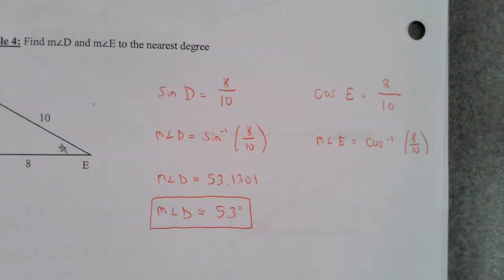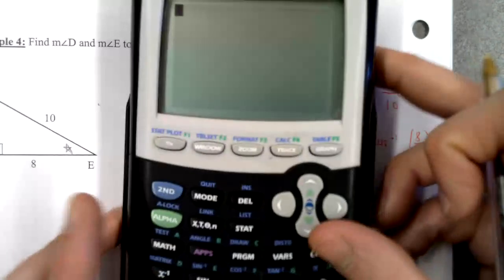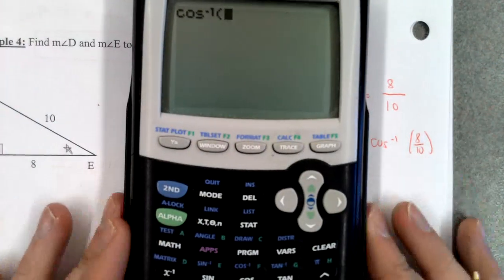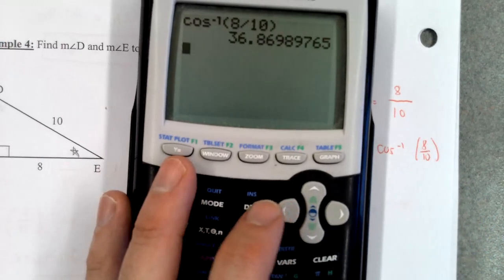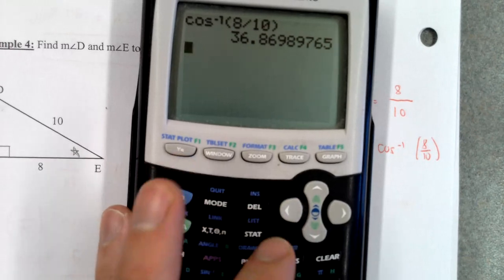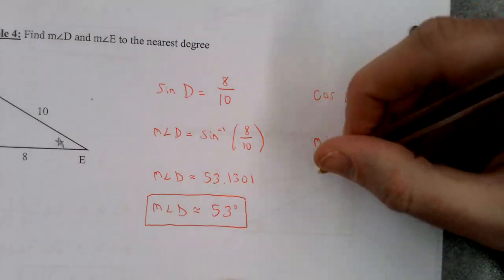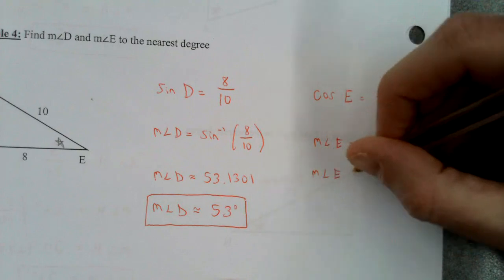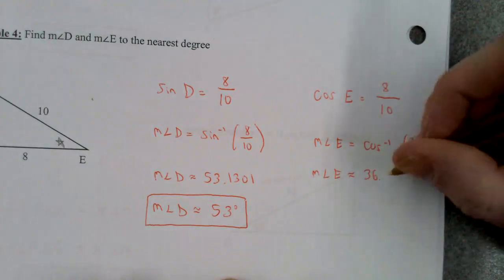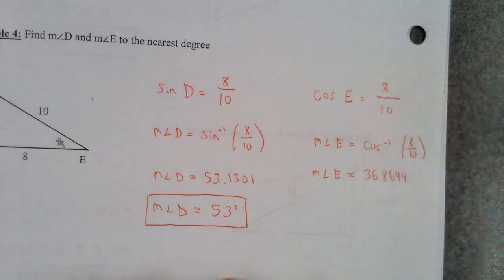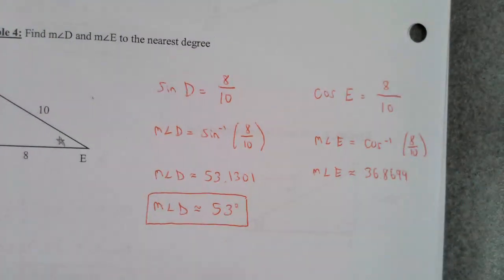You type that in your calculator. Cosine inverse 8 over 10. You get about 36.8699. And then you can round that to 37 degrees.